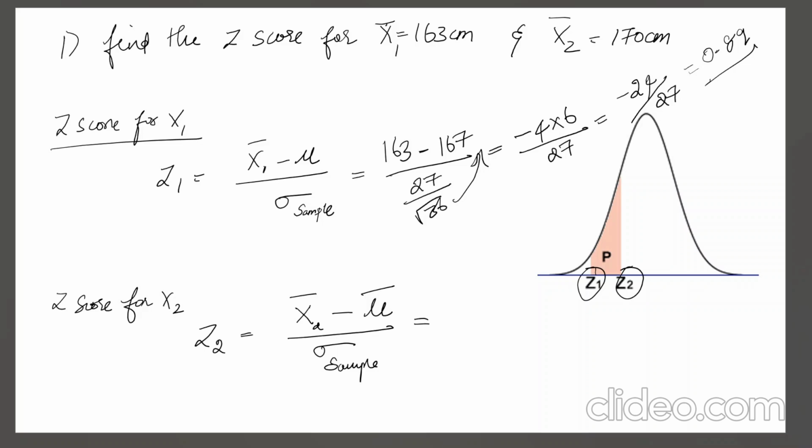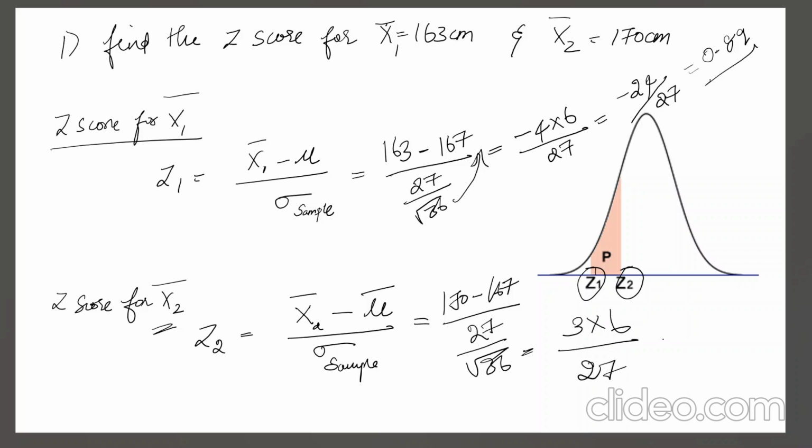Similarly, let's go for Z2: 170 minus 167 divided by 27 by 6.